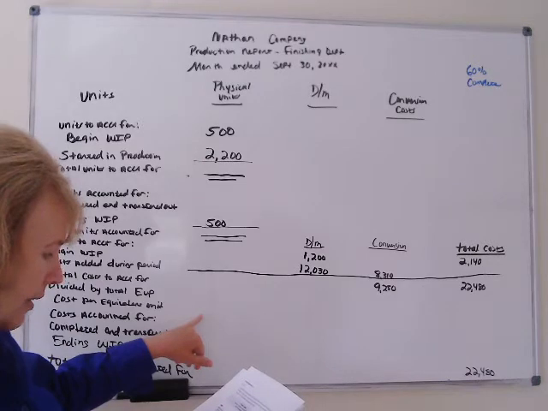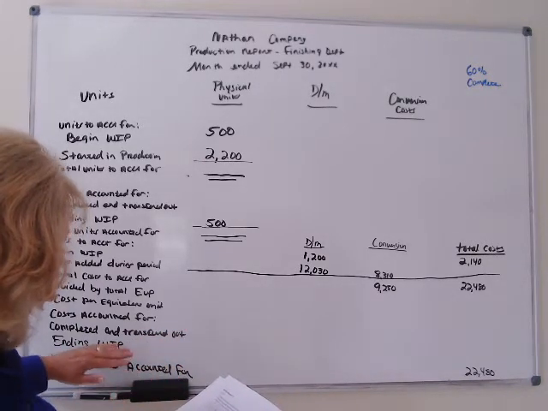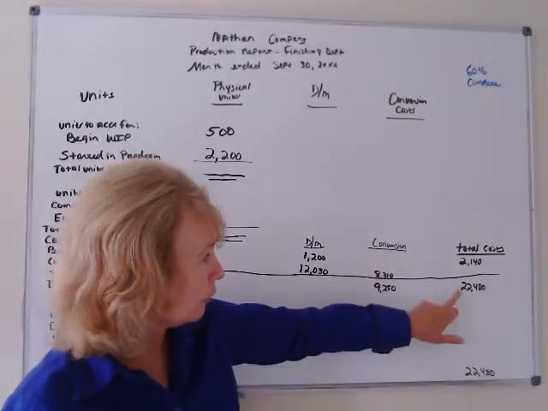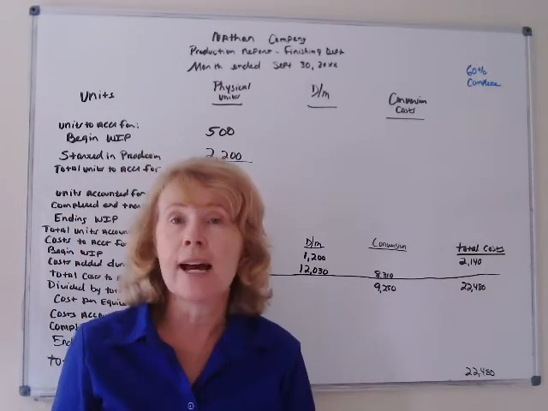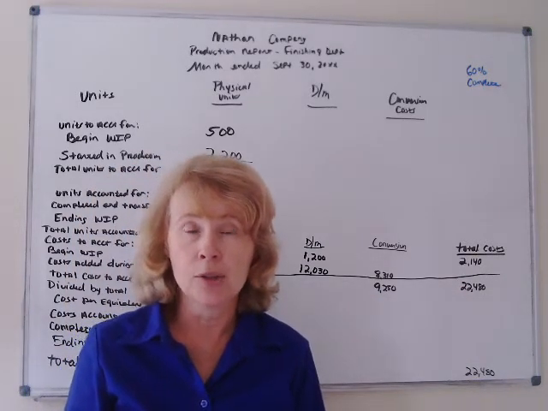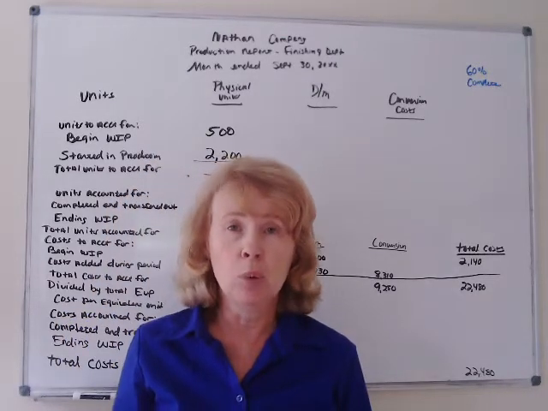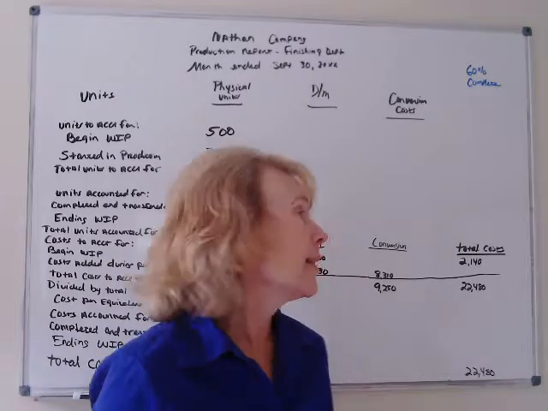And then last, we're going to figure out the total costs that are going to be transferred out and total costs accounted for. You will notice that these numbers always have to equal each other. Okay, so remember that even when you're doing an entire production report, and I will have you do that in another video. Okay, so let's get started.